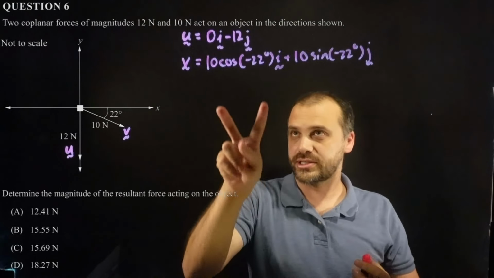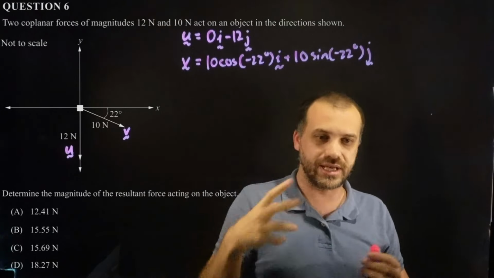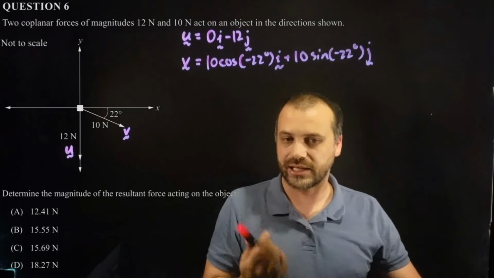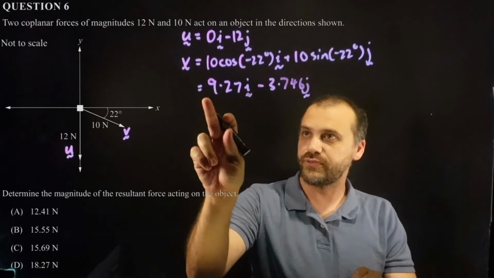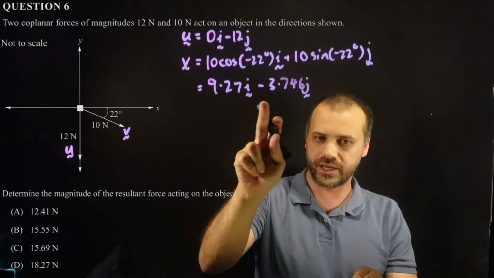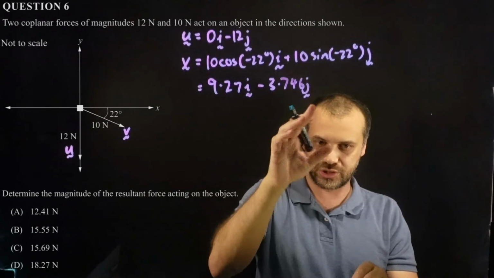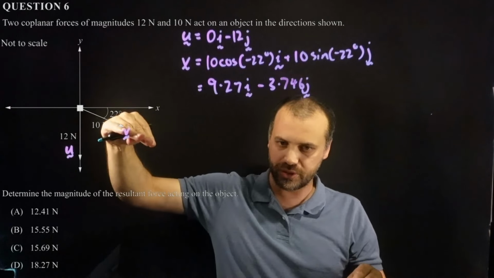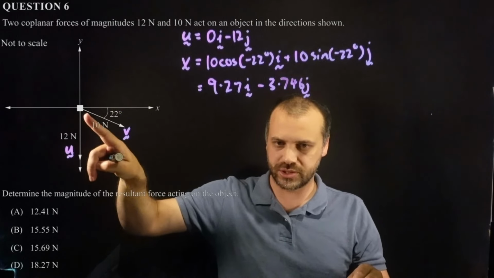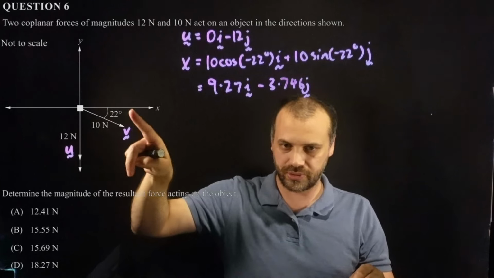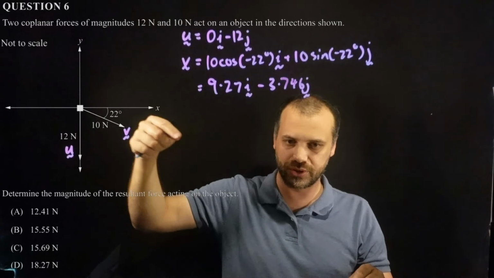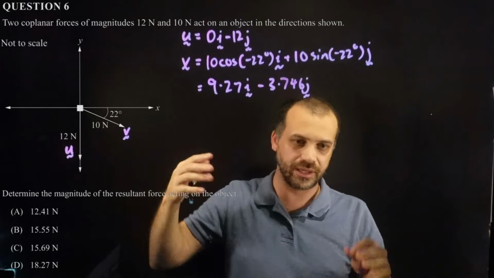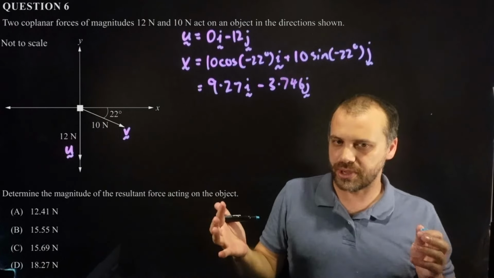Now, not strictly necessary, but I am going to convert these to decimals just so you can see exactly what pops out. All right, so V is 9.27i and negative 3.746j. You can check this against a sketch with a 22-degree angle like that. We'd expect it to be going quite a bit this direction, so positive 9.27, and then downwards by a little bit, negative 3.7. That feels about right.